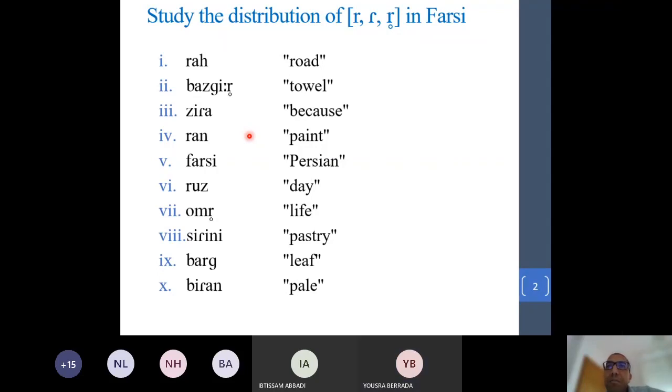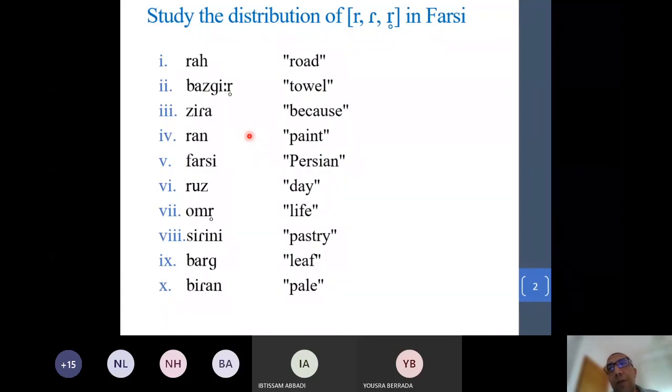But this doesn't mean that this distribution is definitely not contrastive. Rather, the fact that you don't find minimal pairs means that the distribution of these three sounds is not contrastive. But we are at this point leaning towards thinking that the distribution might be complementary.